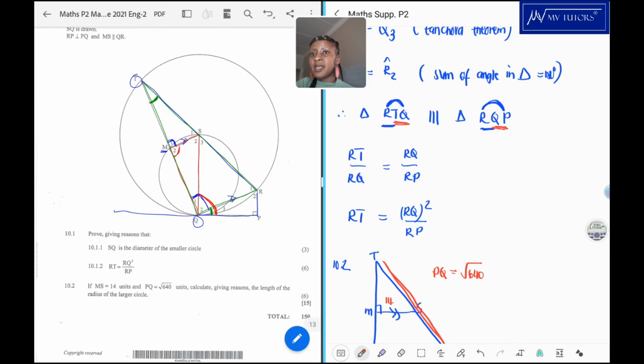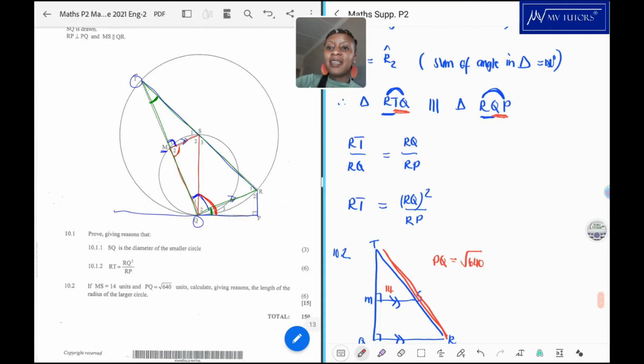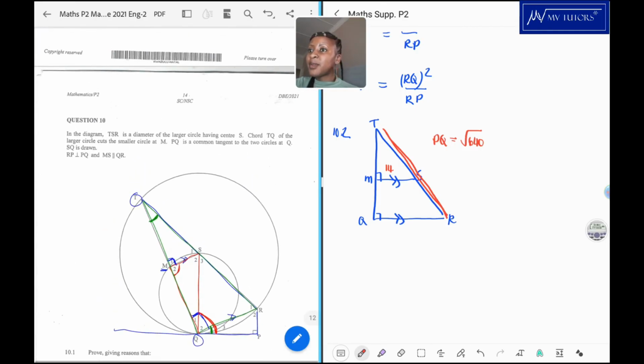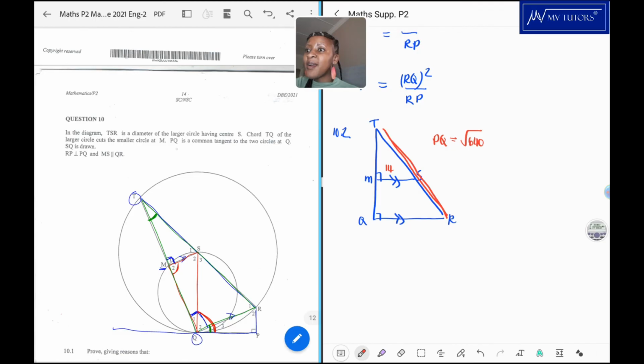So if I were to say TQ over QP is equal to, how can I relate MS? Okay, I think there's a rule, guys. Did they say anything about TM equal to QR, MQ? Nothing.